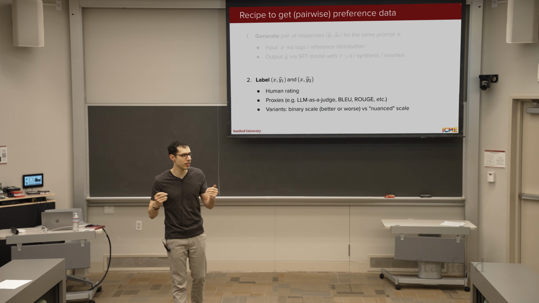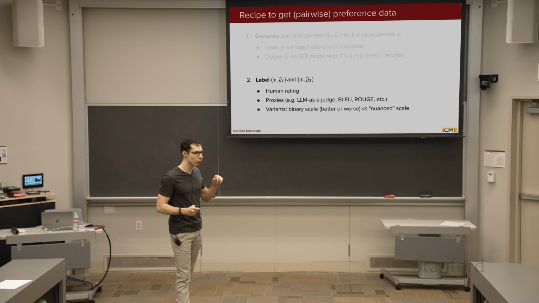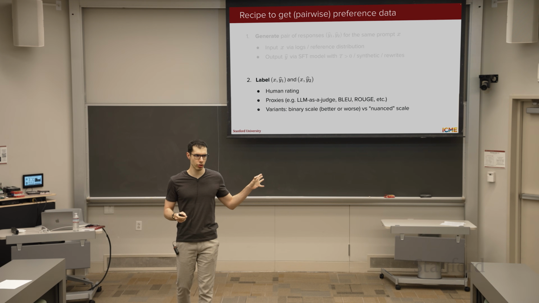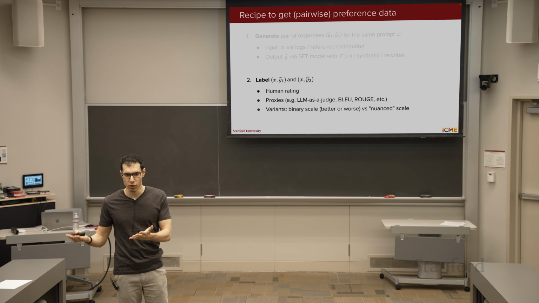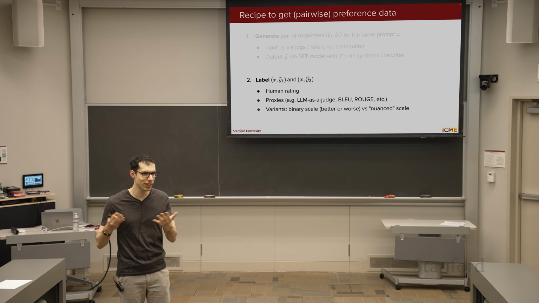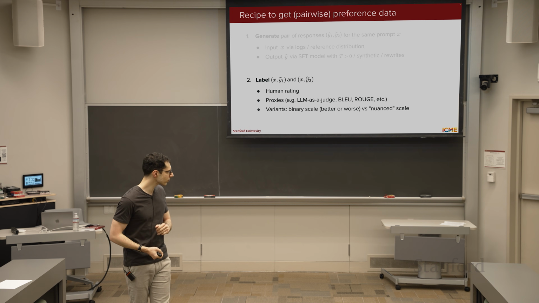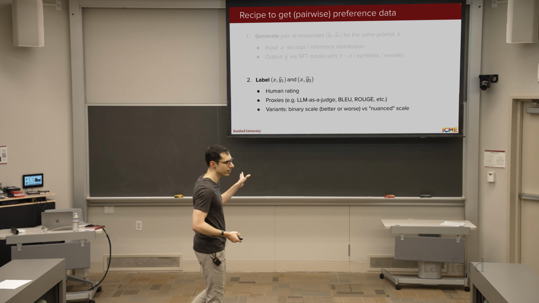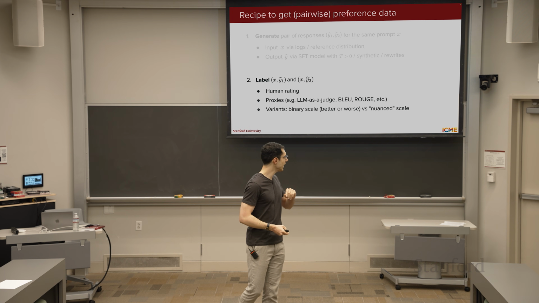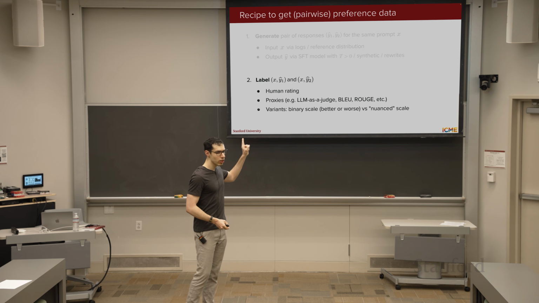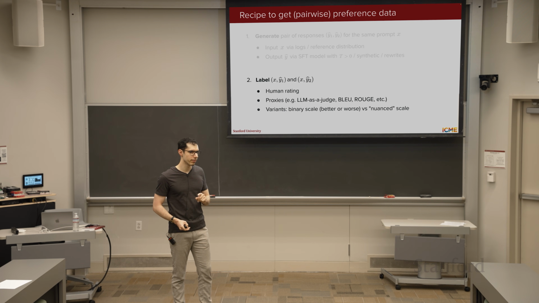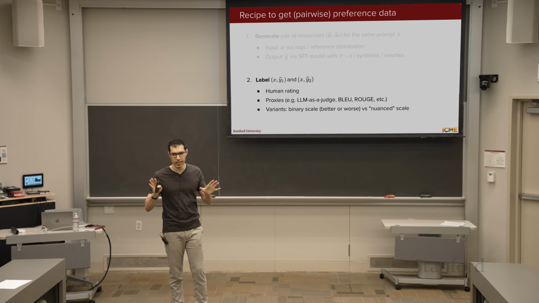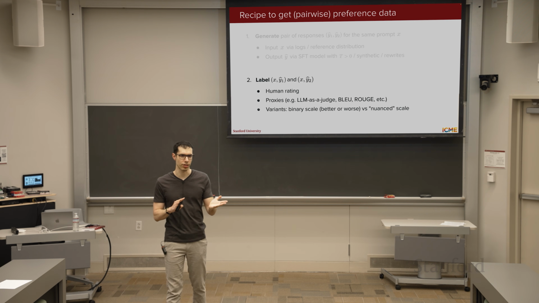So this is also something that you can do. But there are some challenges with that approach. Because, for instance, if you consider human ratings, a lot of tasks are a little bit subjective. So in a lot of cases, what people do is have a pairwise preference data set on the binary scale. So only is it better or worse.